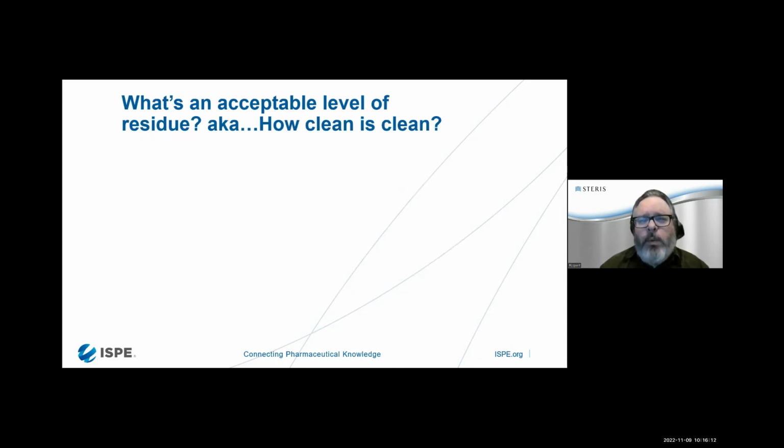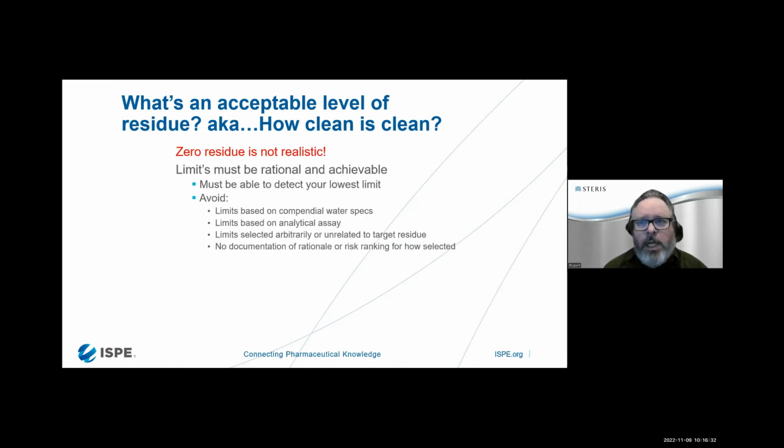So when we think about what is an acceptable level of residue, how clean is clean comes up. And every once in a while, I hear there's zero residue on the surface from product A, whether it's active or excipients. And that really is not a realistic amount. The limits must be rational and acceptable, and it must be able to detect your lowest limits. And a couple of things that you want to watch out for is basically setting arbitrary limits.